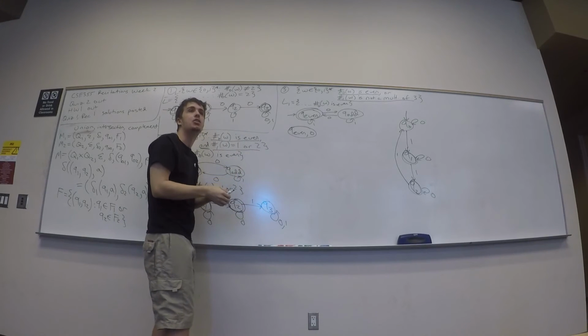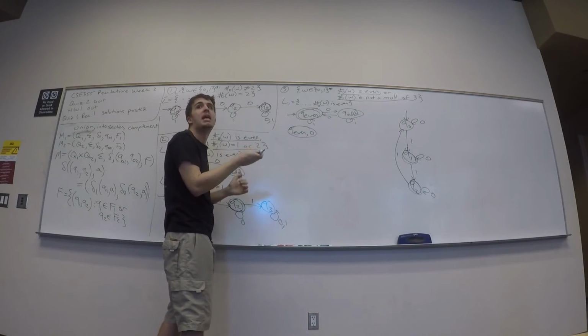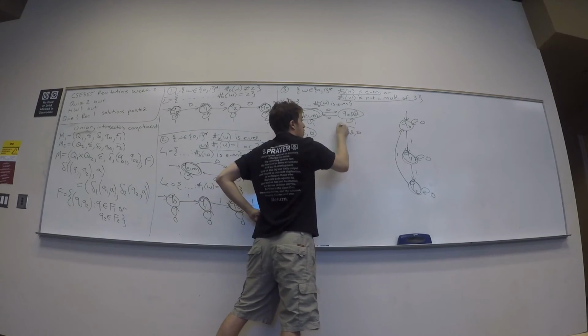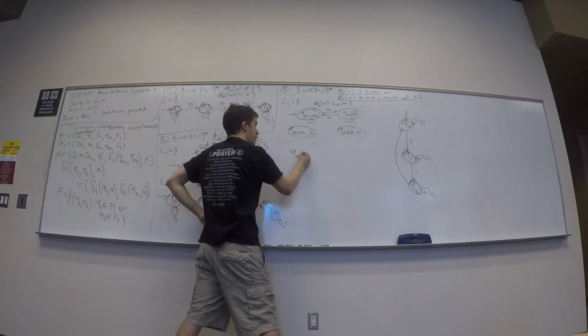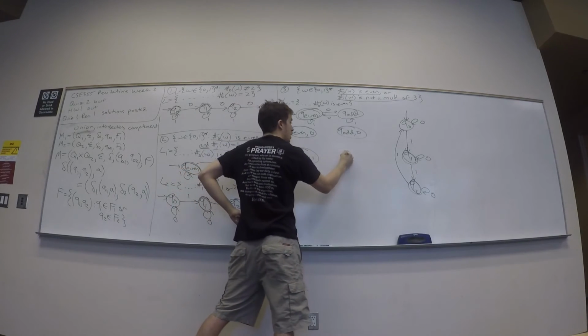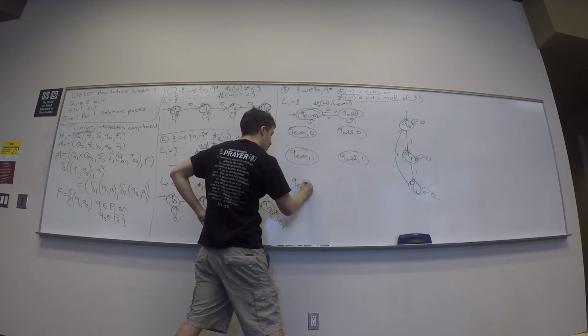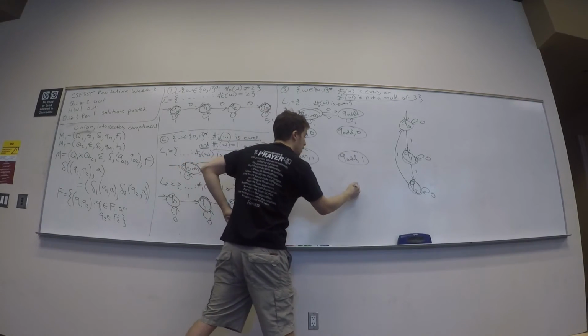So it's a lot easier to figure out where I am going to actually go. So this is Q odd 0, Q even 1, Q odd 1, Q even 2, Q odd 2.